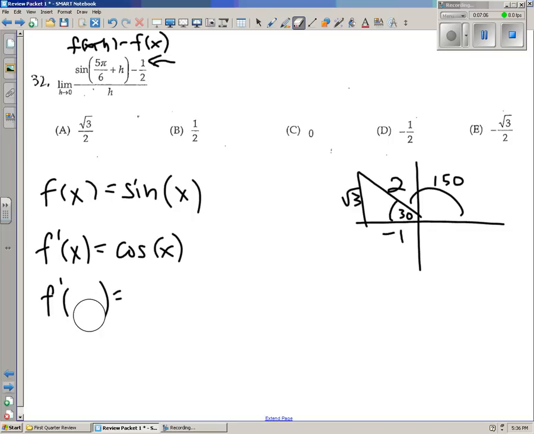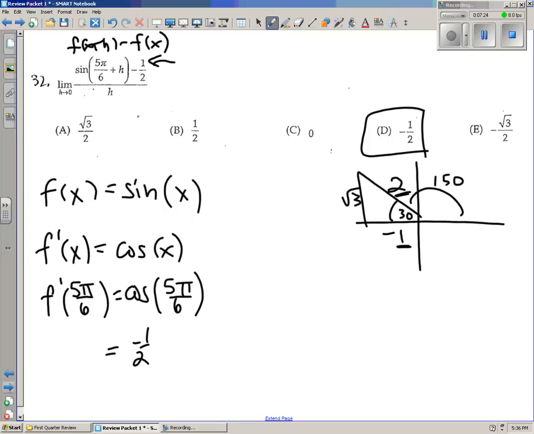Let me redo that. That's not much better, but it'll work. Cosine of 5 pi over 6 is adjacent over hypotenuse, which is -1/2. And that's our answer. I like that one too.